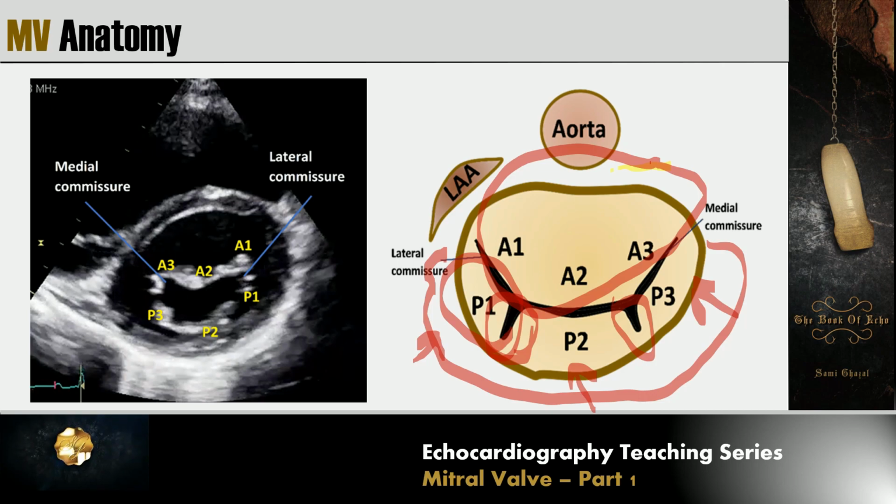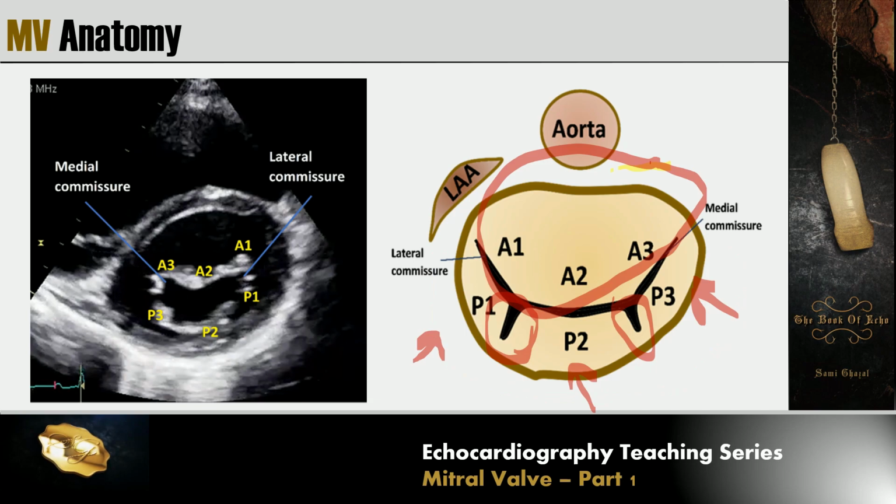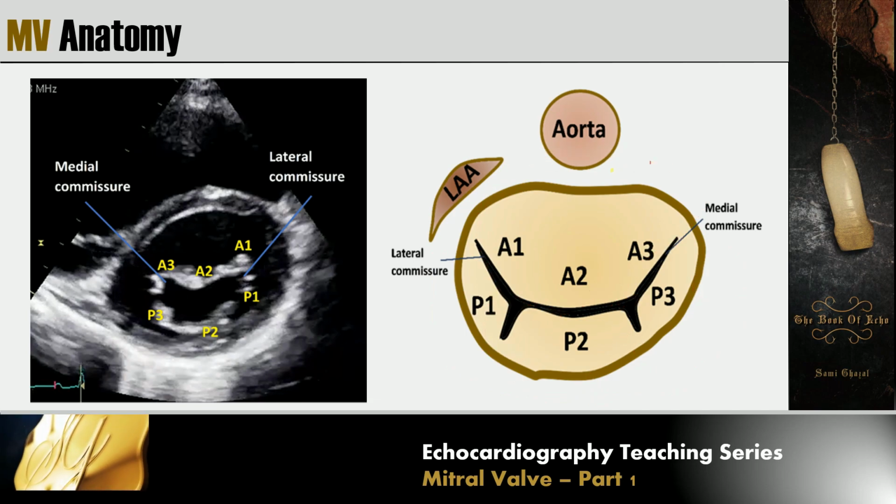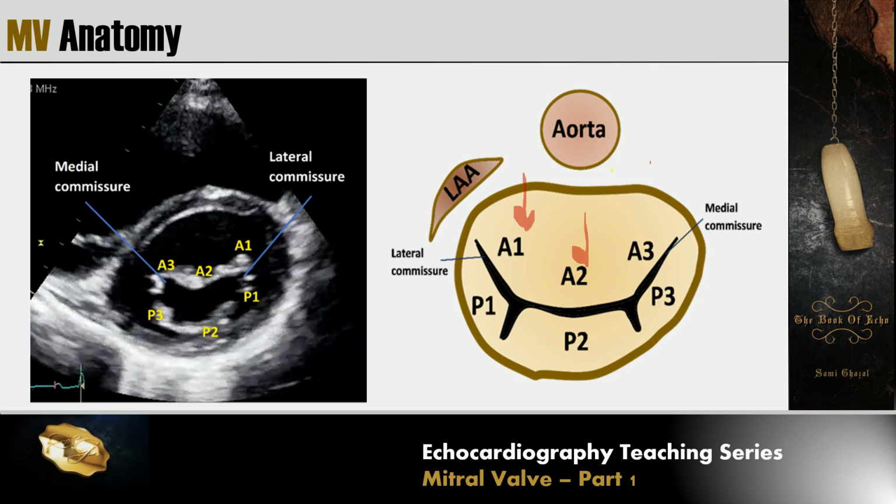And just let me erase it. So each posterior scallop co-apts with an anterior segment. We call it a segment because it doesn't have indentations. So we have the A1, A2 segment, which co-apts with the P2 scallop, and the A3 segment.